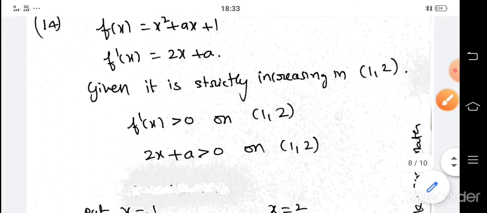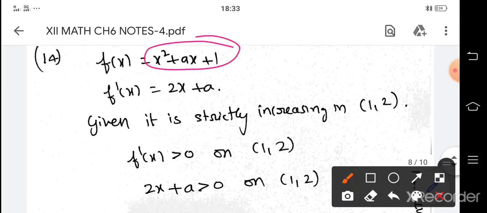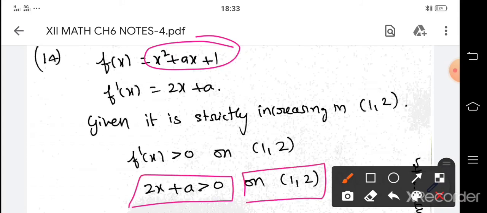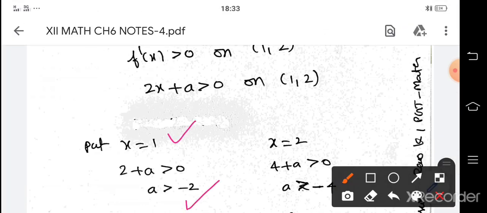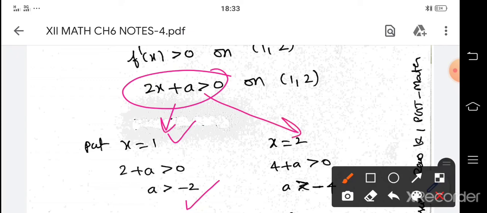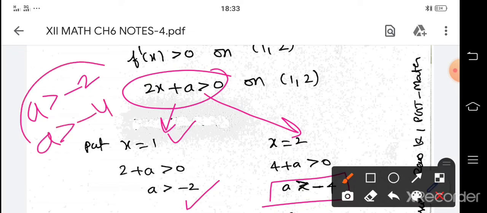What is f dash of x? The derivative of x square plus ax plus 1 is 2x plus a on 1 comma 2. Take x is equal to 1, then a greater than minus 2 will come. Take x is equal to 2, then a greater than minus 4 will come. So a greater than minus 2, a greater than minus 4. The common thing is a greater than minus 2.